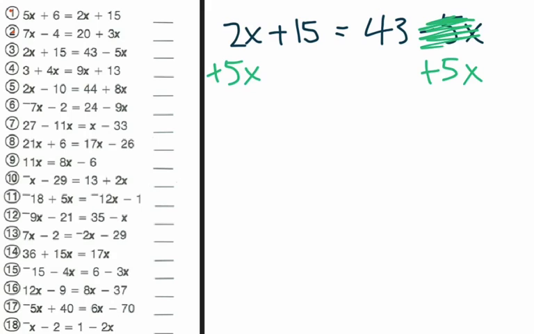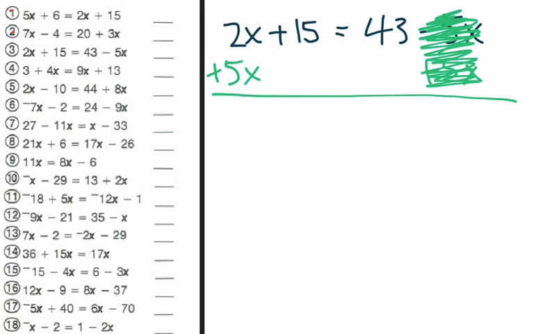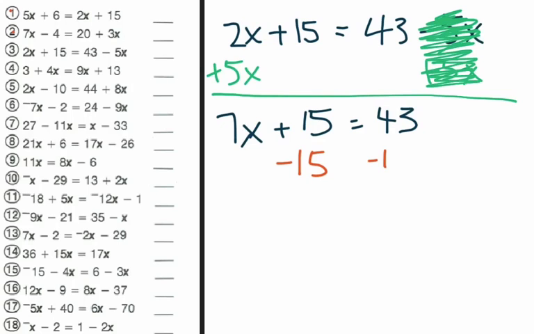So these now will go away. And then we're going to get 7x over here plus 15 equals 43. And then we're going to solve the two-step equation. We always take care of subtraction and addition first. So we're going to get rid of this 15, and these will cancel out.